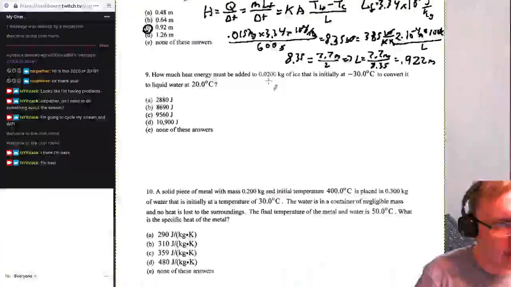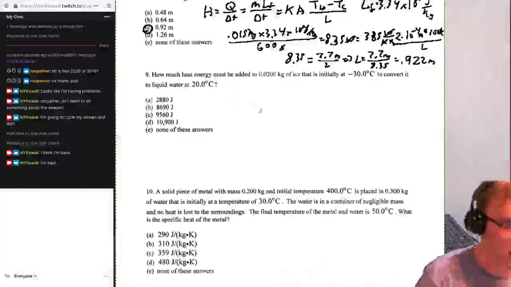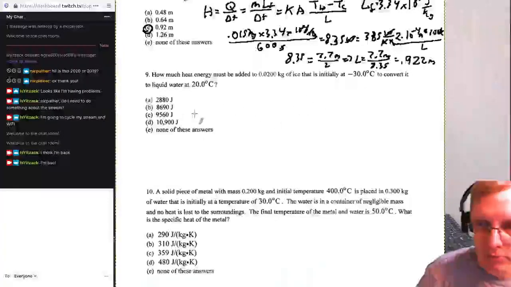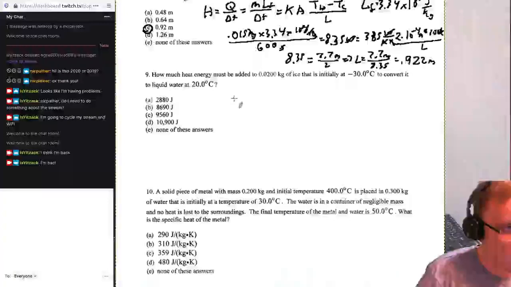How much heat energy must be added to 0.2 kilograms of ice so that it goes from initially minus 30 Celsius to liquid water at plus 20 Celsius? We can make this work yet. Okay.